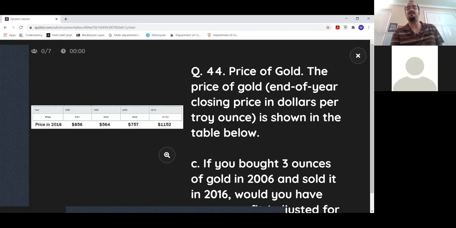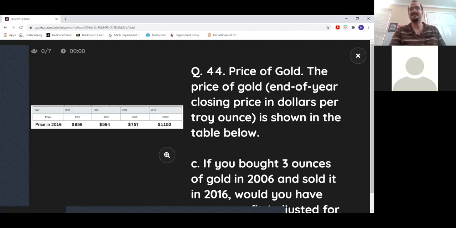Even though it's going up each year, the inflation kind of dwarfs it, right? It puts it off, basically is what's happening. Basically, our price in gold is not raising up as much as our inflation is. So the price of gold is actually going down, even though it's going up, if that makes sense. It's going down in reality, but it's going up over time.